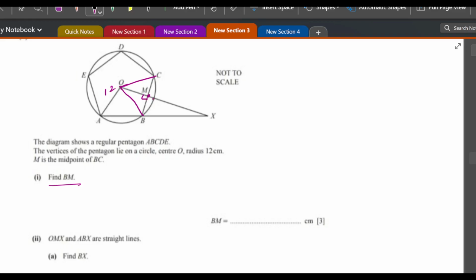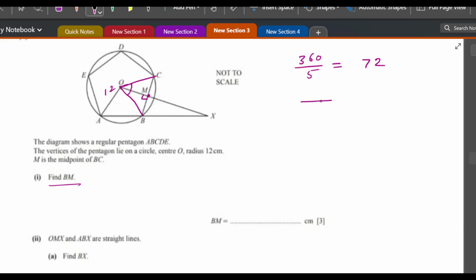Now the central angle at O, I can say that it is 360 divided by 5, which is 72. And then I divide this 72 as well.